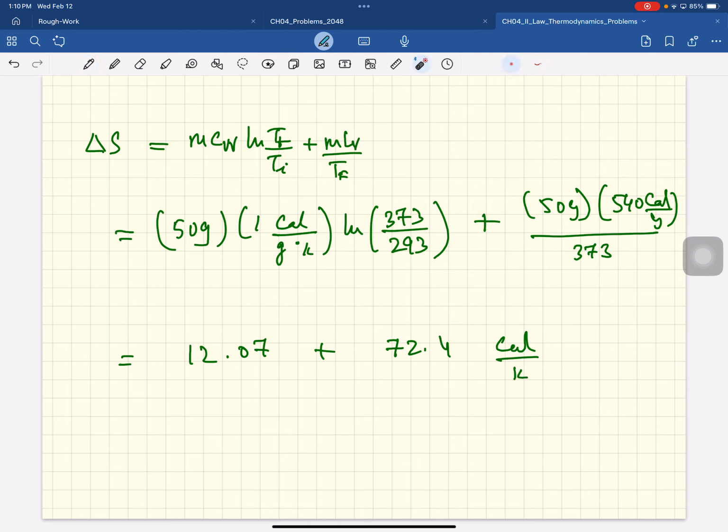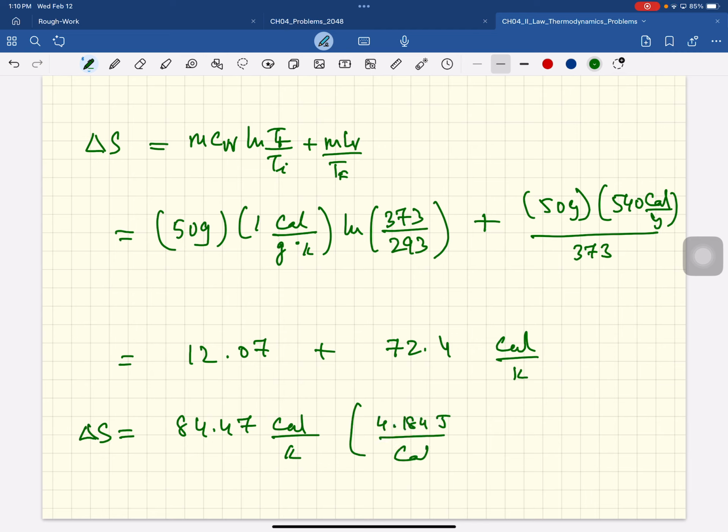Notice, this is the change in entropy when you heated the water from 20 degrees to 100 degrees. And this is the change in entropy when that water turned into steam. So most of the change in entropy, most of the disorder, occurs during the phase change. And then 4.184 joules per calorie, or 4.186, or whatever.